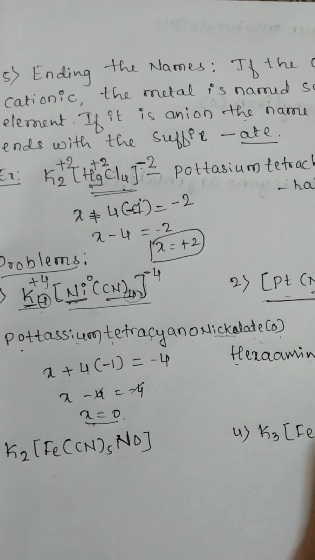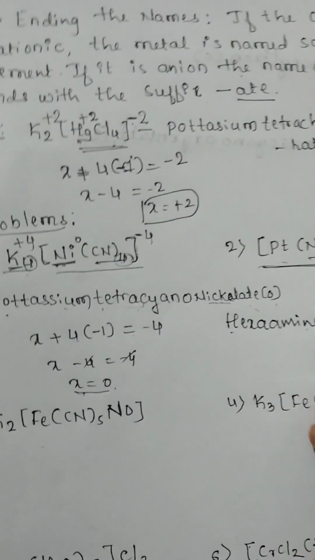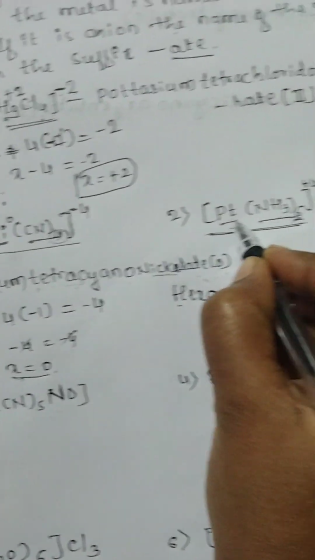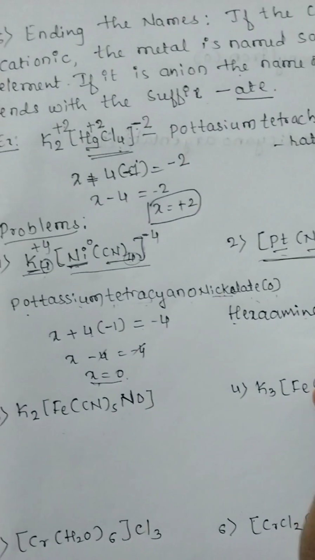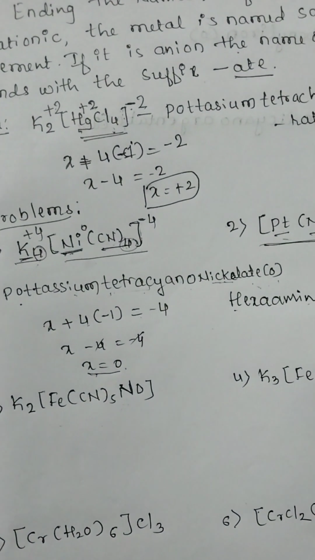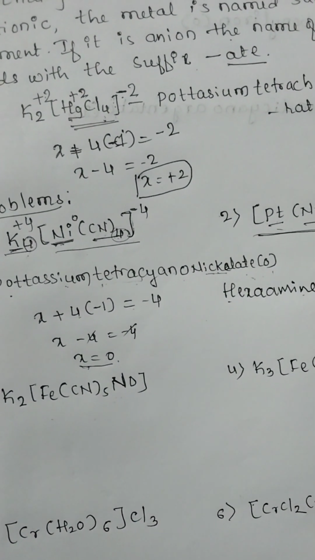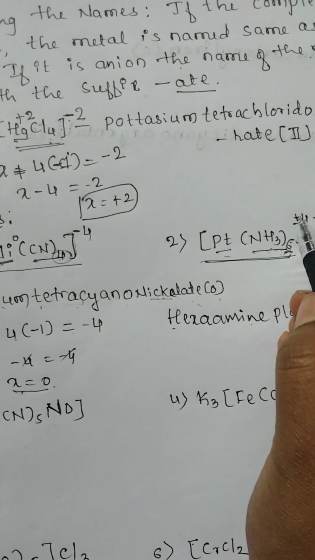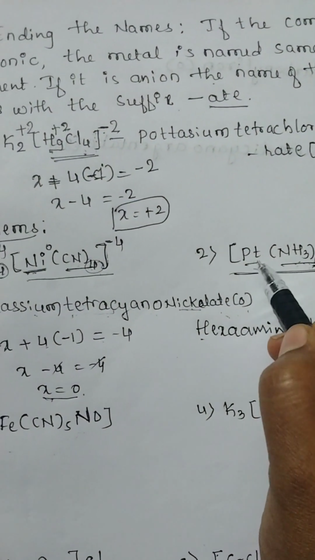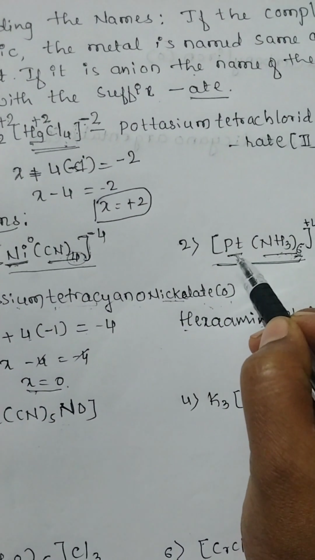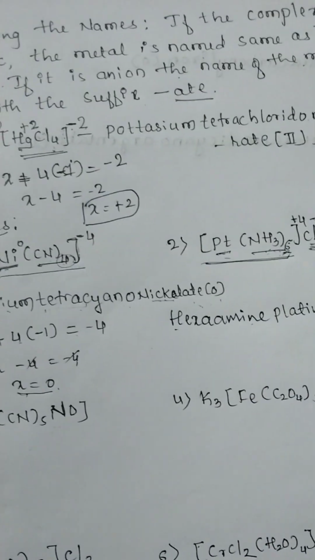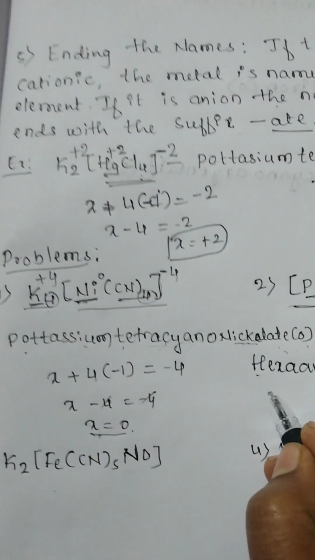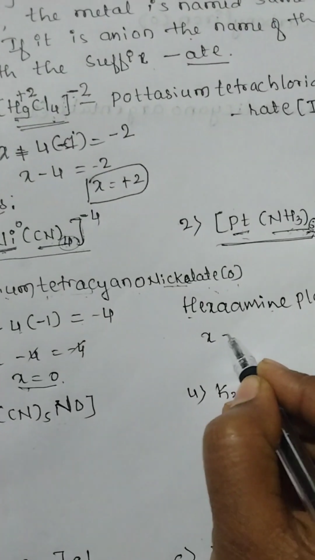Now it is complete. Then we have to go for the central metal. Which central metal is present here? Platinum. Here the sphere is positive, so we name the metal as such. Now we have to calculate the oxidation state of the central metal.